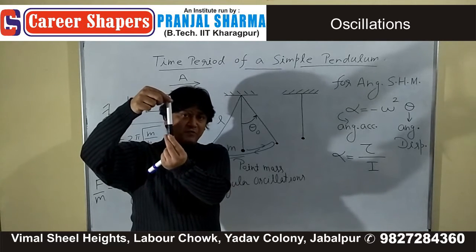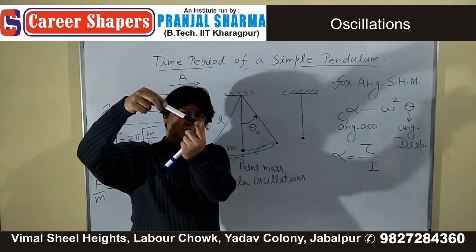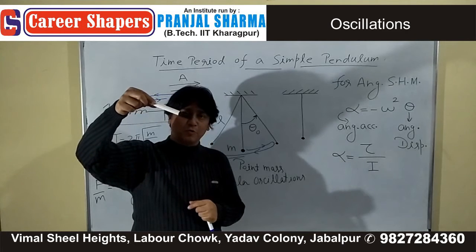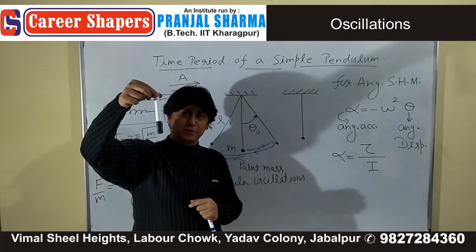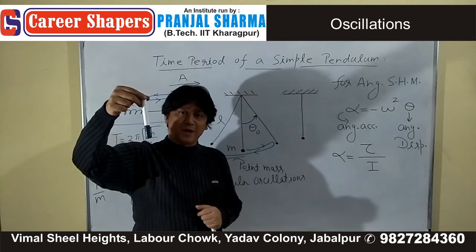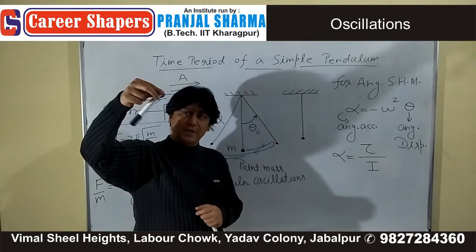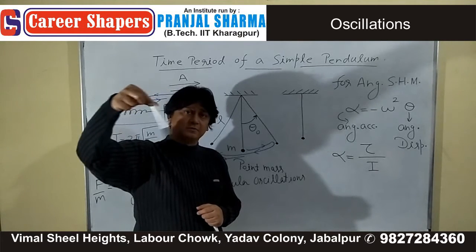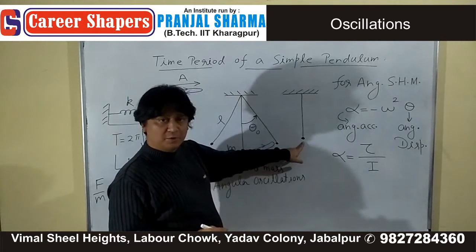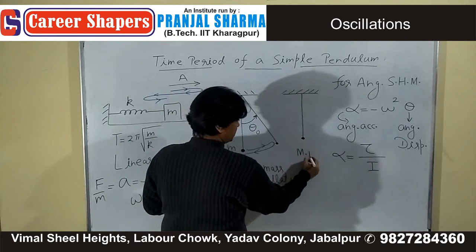When you disturb it from the mean position, it tends to move back towards it, but by the time it arrives here, it gains some angular velocity and moves to this side and then comes back, and we see oscillations. That's your mean position.